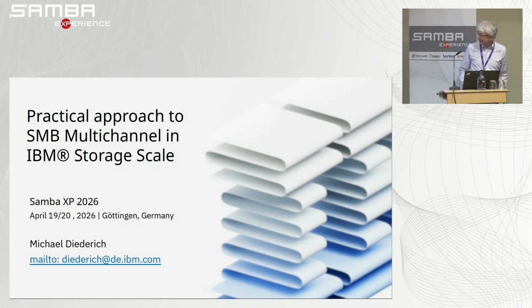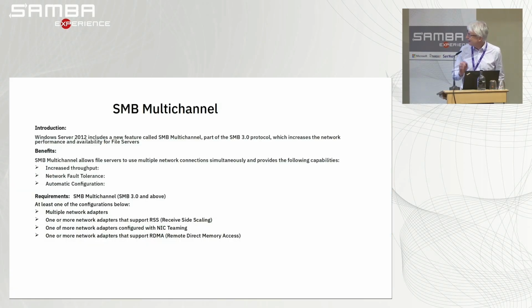All right, but this is about SMB Multichannel and how we're using it in Storage Scale. I'm not going to tell too much about Storage Scale for now. SMB Multichannel, you've probably heard a lot about it. It was introduced in 2012 as a means to improve network performance for file servers.